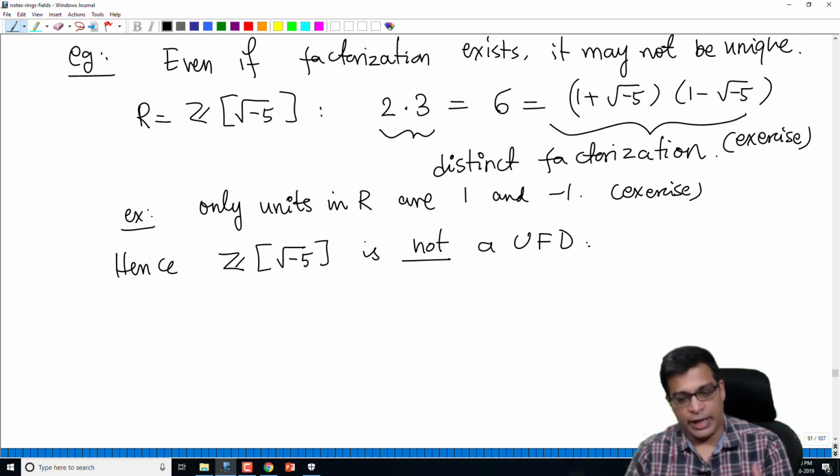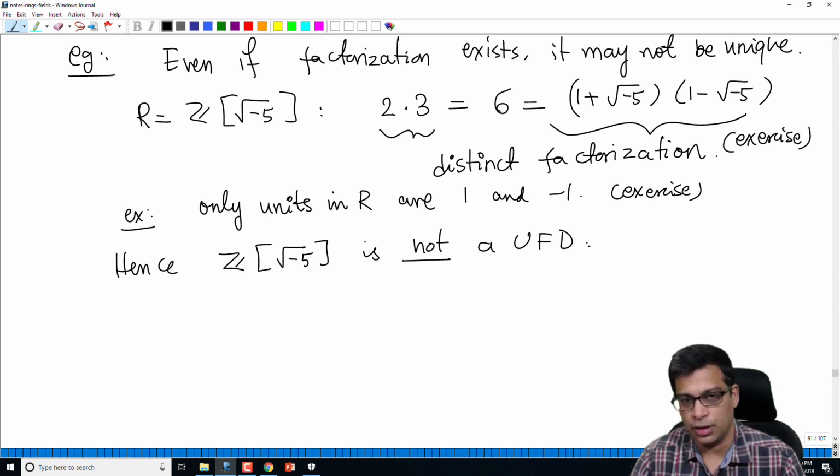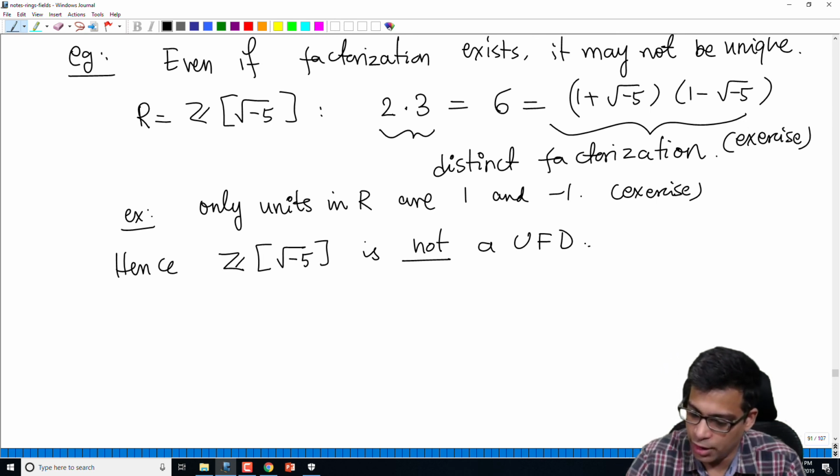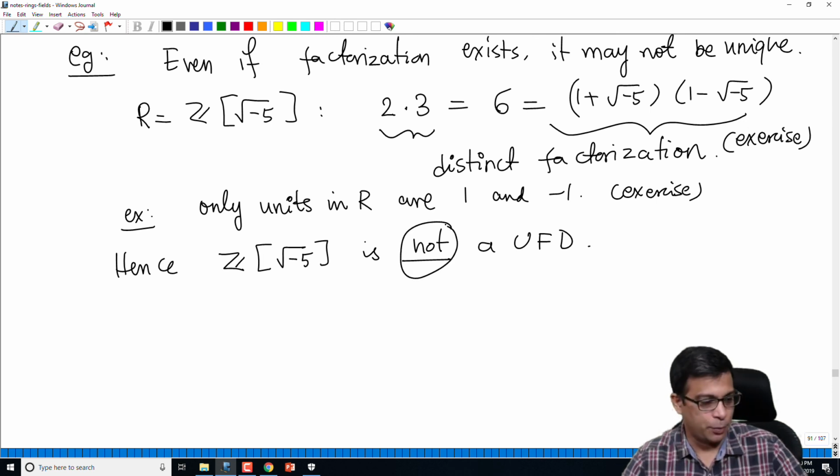Though actually it turns out that this is a Noetherian ring, so in this ring factorization terminates. So every element has a factorization into irreducible elements. However, as this example shows, this is not a UFD. So this is an important example which provides various counterexamples to things.